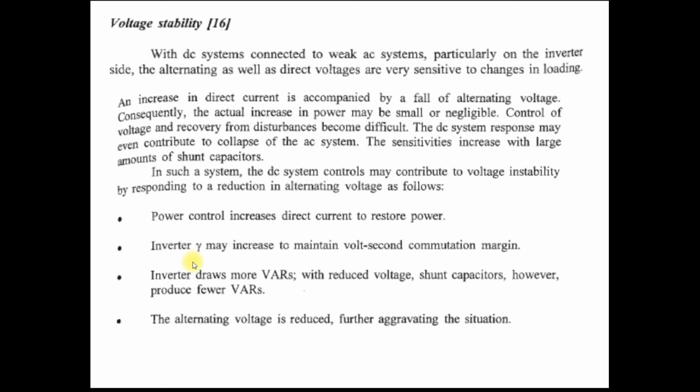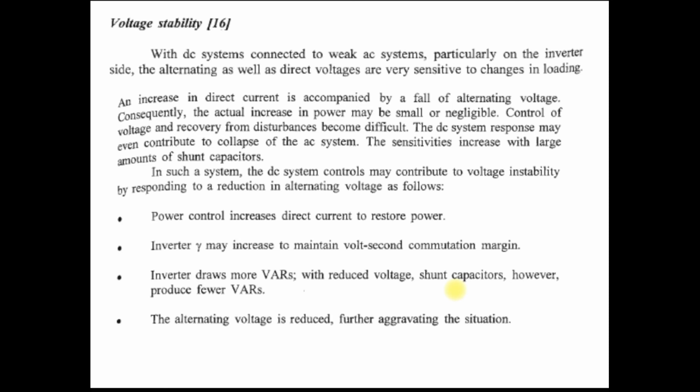Second, the inverter gamma may be increased to maintain the commutation margin. That also increases the voltage instability. Third, the inverter draws more reactive power with reduced voltage. Shunt capacitors, however, produce less reactive power. So the AC side voltage is low, and obviously the inverter draws more reactive power to maintain the voltage at the inverter side at the rated value.